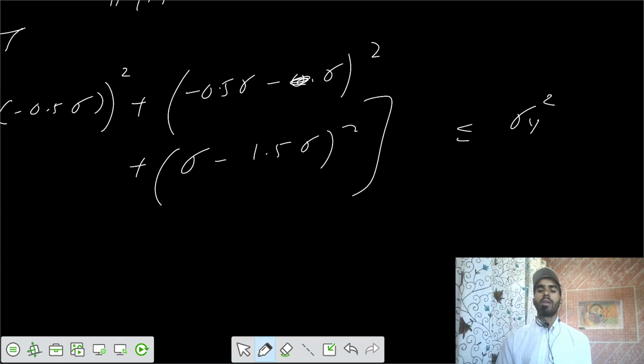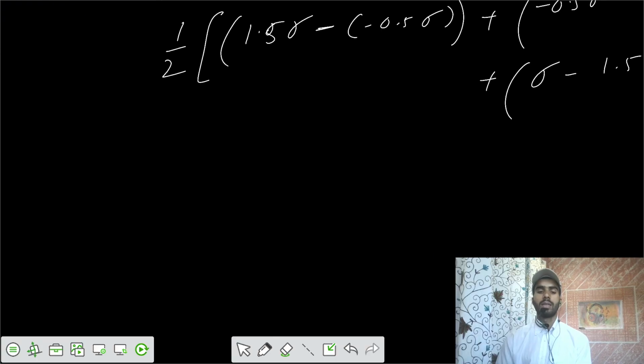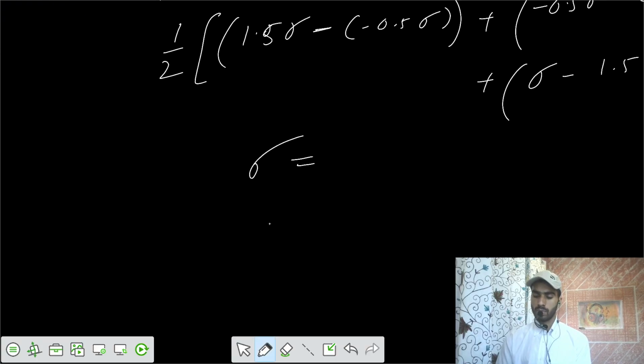And finally you got a value of sigma equals 116.487 megapascal.